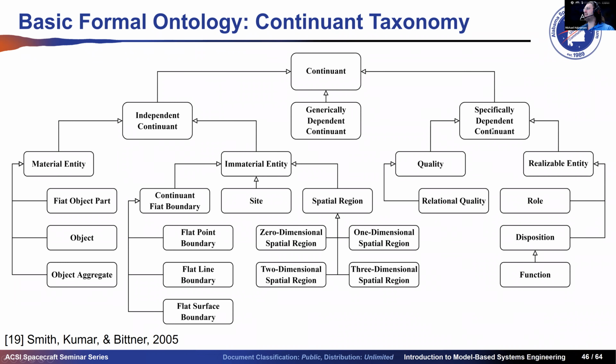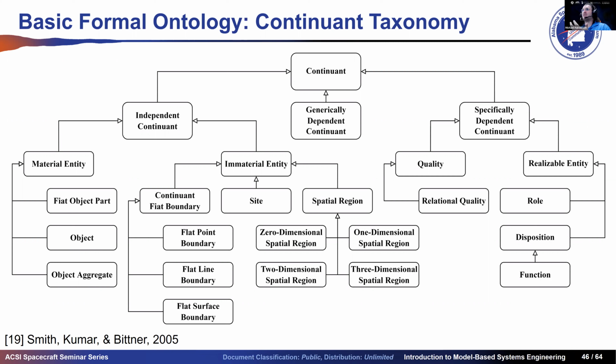These are things that exist, but they depend on other things. Barry Smith likes to say that you can't have a headache without a head. So it is a specifically dependent continuant that exists as a function of something else, not ontologically, just it exists because the other thing exists, or it is able to exist because the other things exist.